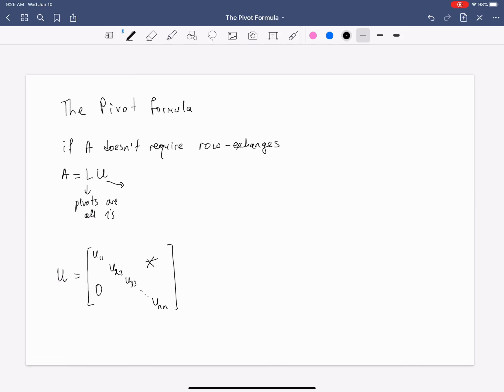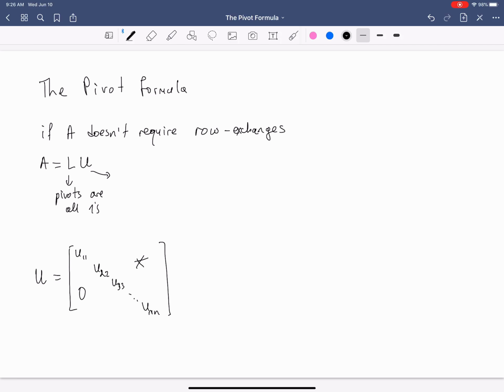So I really don't need to stress what those numbers are. They're not important. Now, an interesting observation for this matrix U is the diagonal terms u11, u22, u33 come into play in the determinant, right? The determinant of U is the product u11, u22, u33, and so on all the way to unn.